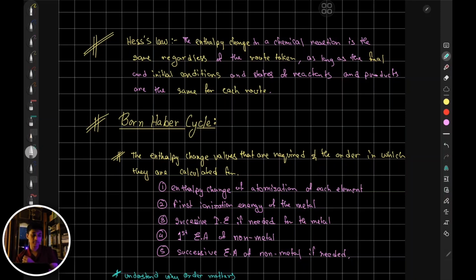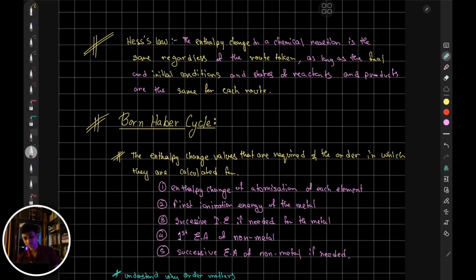It's literally the same concept of having the same enthalpy change regardless of whichever route you take, or however many enthalpy changes you go through, as long as you get the same products from the same set of reactants.